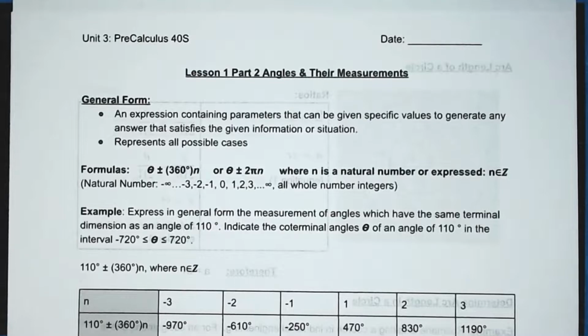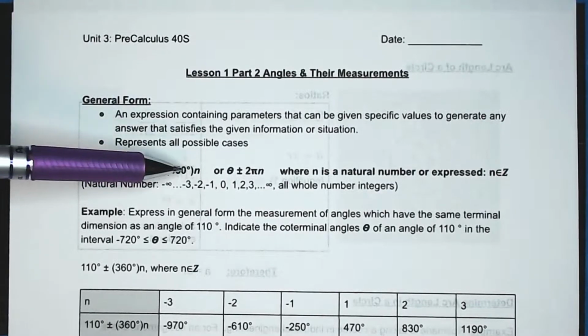So remember, coterminal angles are in the exact same position as the original angle. It just depends in which direction and how many times you've gone around the coordinate plane. So we have two formulas. It depends on the format that your angle is given in.